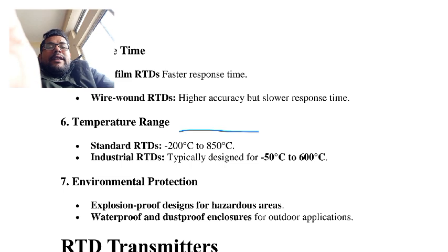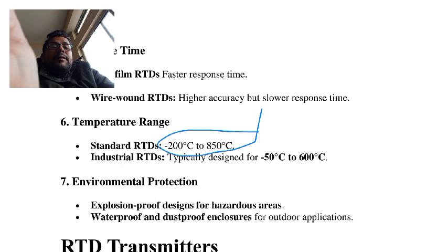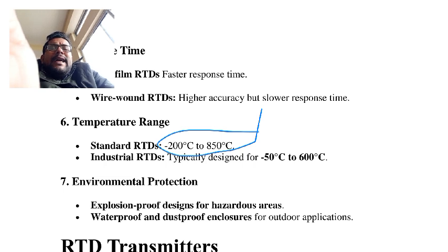If you say minus 50, the next question will be whether it can be used up to 850 for industrial measurement. For industrial measurement we use minus 50 to 600, because beyond that its linearity and stability may be affected.